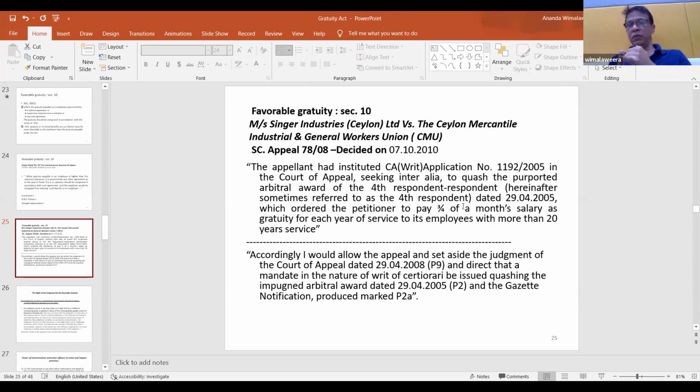One is offer. The other one is acceptance. The company offered, but the other party did not accept. Therefore, there is no agreement. That is the point. Do you understand?